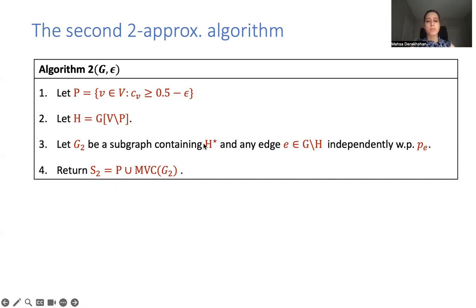That gives us H star, a realization of edges. And again, similar to what we did before, we also hallucinate all the edges that we don't query to get the random subgraph G2.